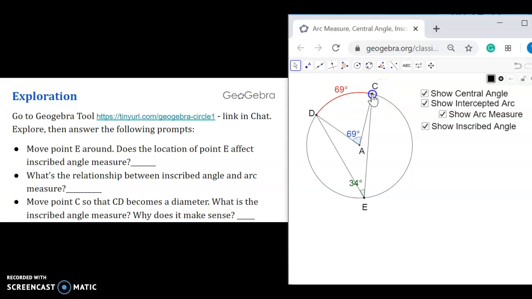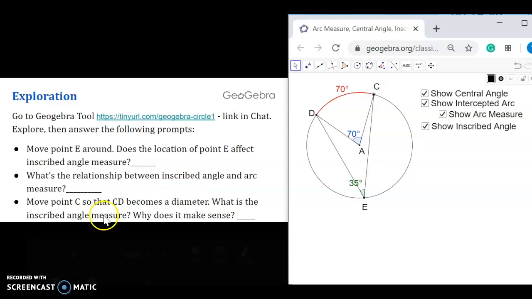Let's change this to some number that's easy: 70, 35. What do you see as the relationship? Hopefully you're telling me that this 70 degrees is double the inscribed angle. So the central angle is always double the inscribed angle, which means the arc measure is also double the inscribed angle. That would be the relationship that you might have discovered.